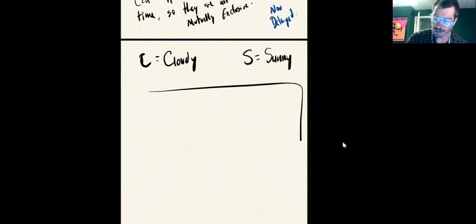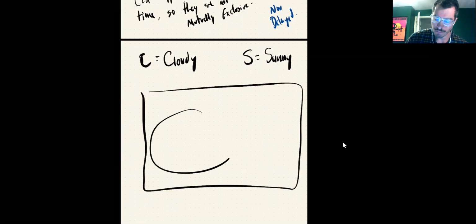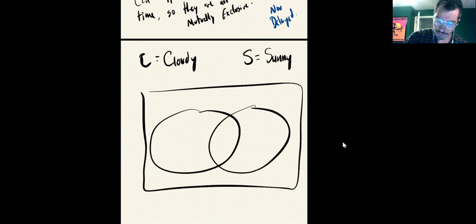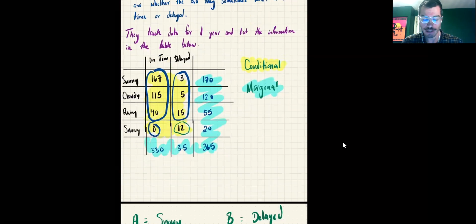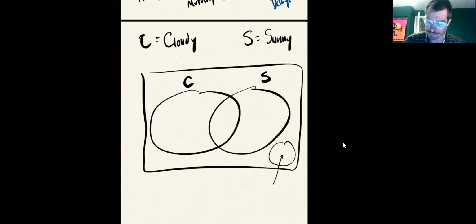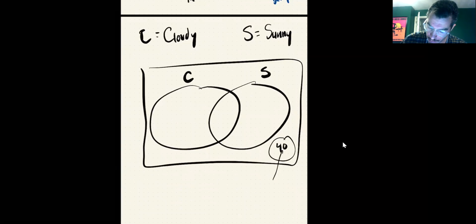Again, I've got my Venn diagram. I've got my cloudy days, I've got my sunny days, I've got my days that are neither cloudy nor sunny. Let's fill out those first. If I'm not cloudy and I'm not sunny, then I'm rainy or snowy. So we have 48 days that were snowy or rainy.